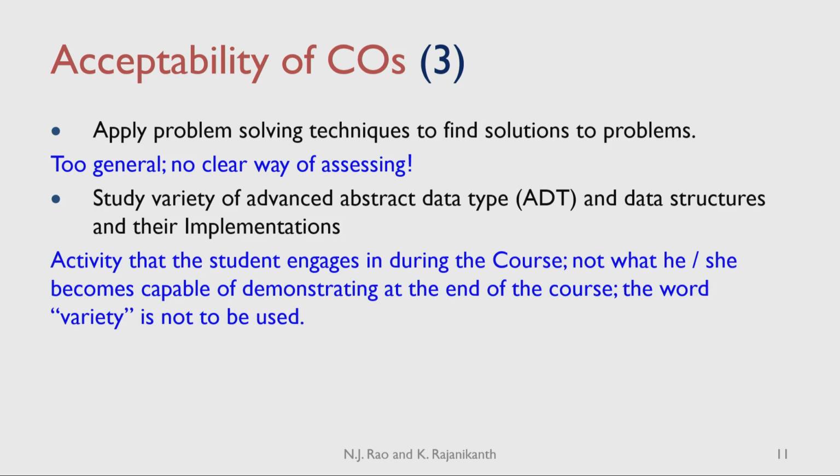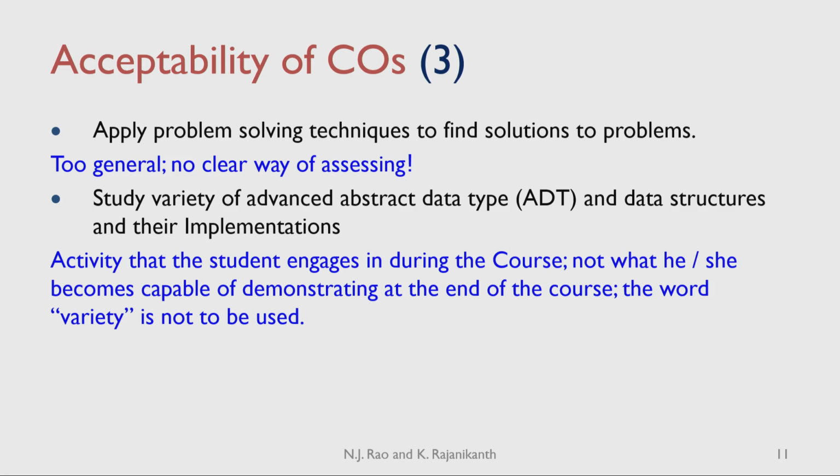This is an activity that the student engages in during the course. Study. Study is the activity that the student engages in during the course. It is not what he or she becomes capable of demonstrating at the end of the course. During the course, student studies a variety of abstract data types and data structures and their implementations.